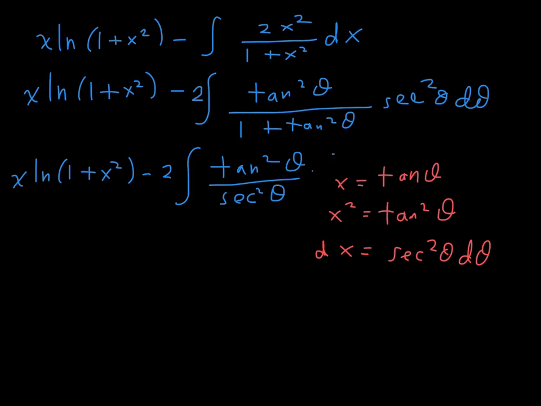And then times this secant squared of theta d theta that we have here. So this secant squared of theta and this secant squared of theta actually cancel. And then I'm going to rewrite tangent squared, and I'm going to use a Pythagorean identity that says that tangent squared is equal to secant squared of theta minus 1. I'm talking about this Pythagorean identity.